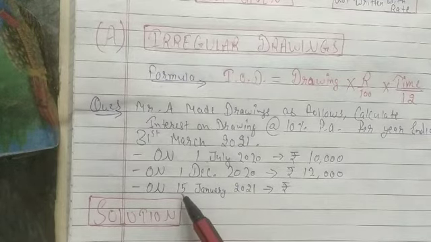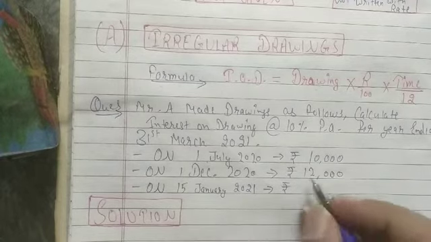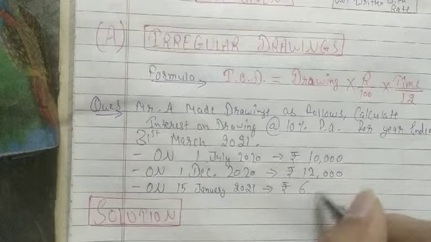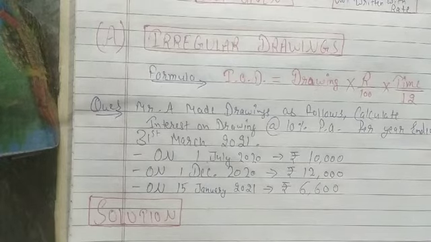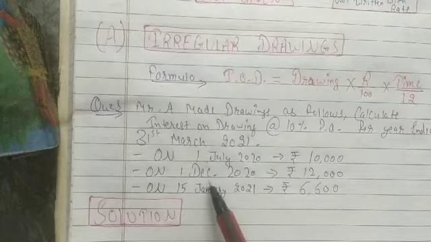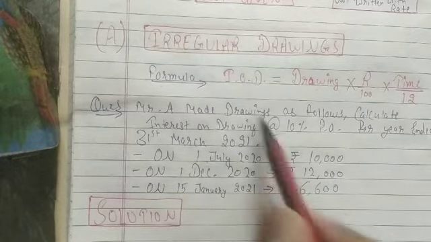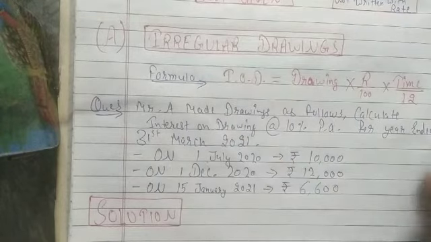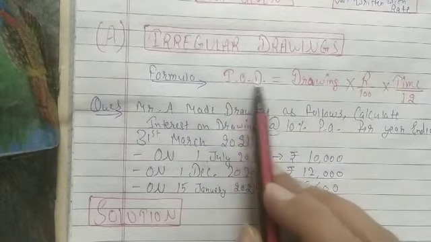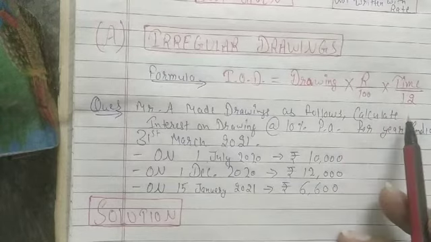Third drawing he made on 15th January 2021 and the amount is 6,600. So you can check the dates of drawings are different. There is no regularity and the amounts are also different. So we call it irregular drawings. In case of irregular drawing, we follow the formula drawings into rate upon 100 into time upon 12.